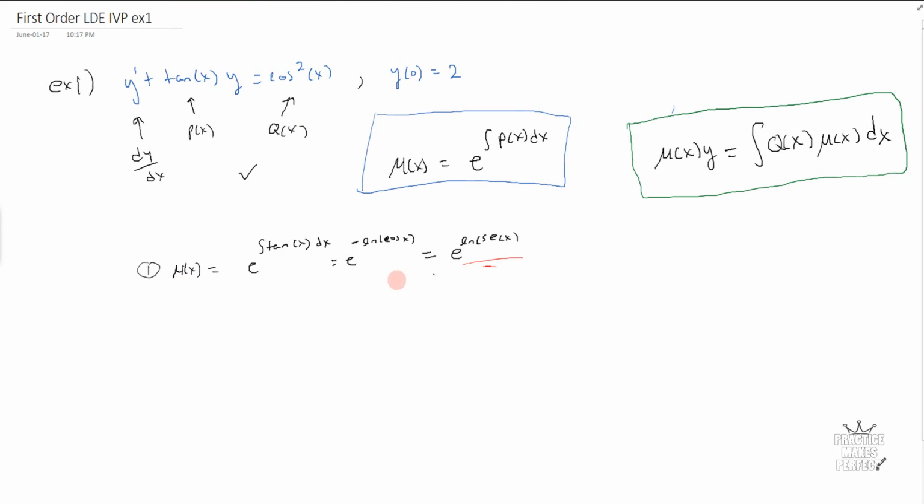So now we have to multiply this across this whole thing. So this becomes e to the power ln secant x times y prime plus tan x times y, equals e to the power ln secant x times cos squared x.